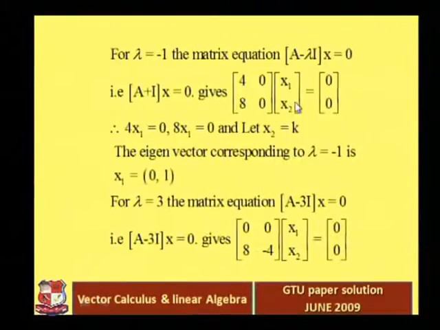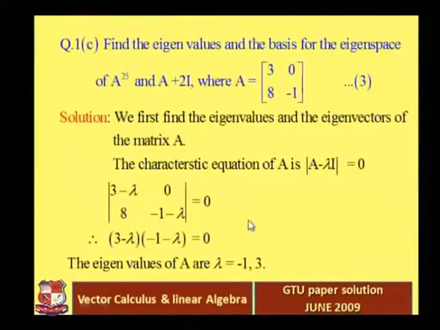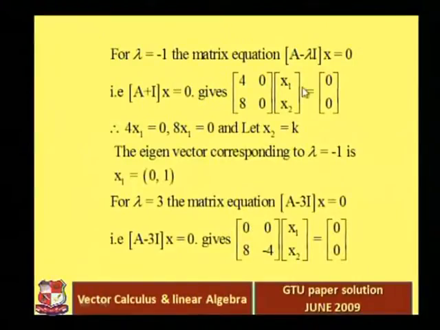Now for lambda equal to minus 1, the matrix equation is (A minus lambda I) into x equal to 0. Put lambda equal to minus 1 in this equation and we get (A plus I) into x equal to 0.